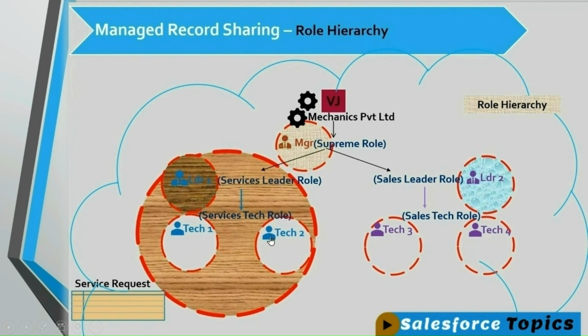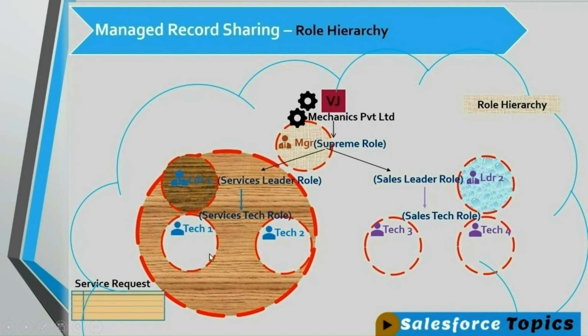Since Tech1 and Tech2 have ownership on those records, the full access goes to LDR1 also because of the role hierarchy. The same access that Tech1 has on this record would be applicable to LDR1. The same access that Tech2 has on this record would be applicable to LDR1.